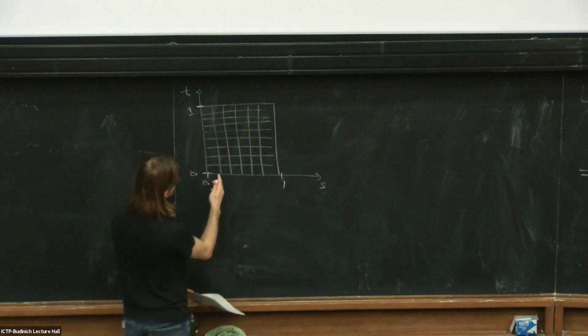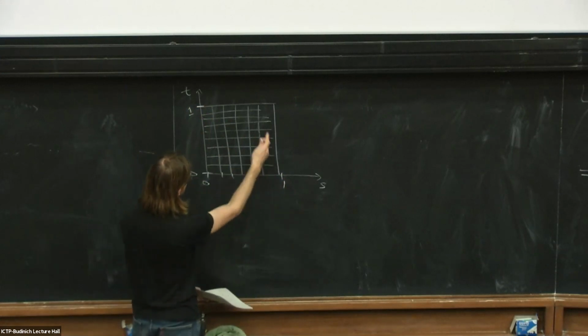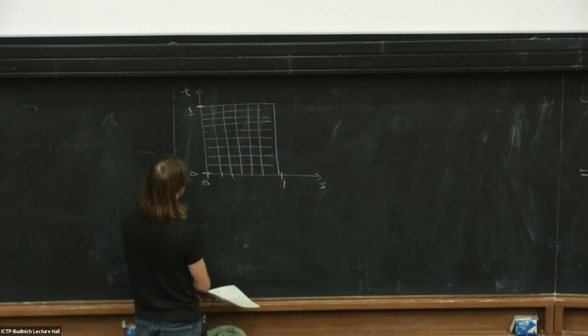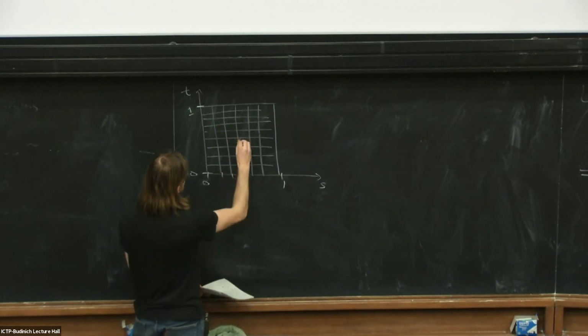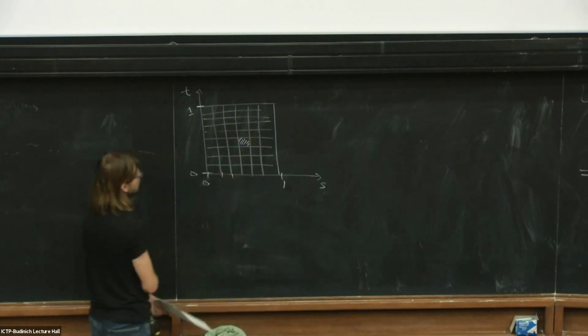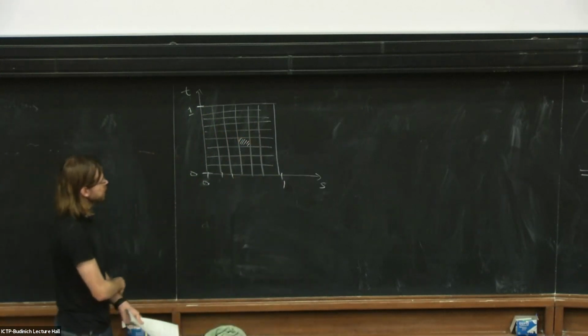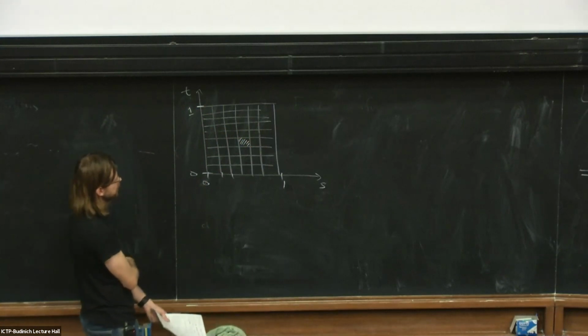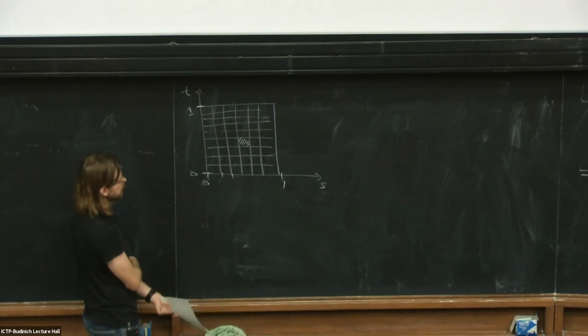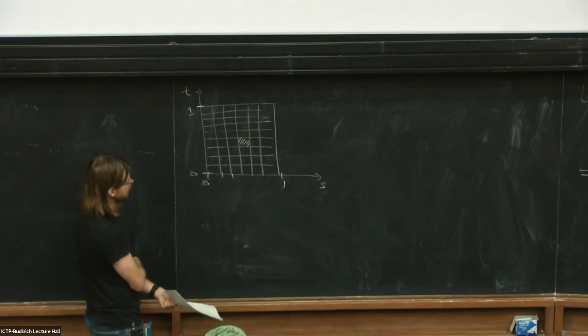This gives a subdivision into rectangles of the whole square, so that we can require that each closed small rectangle is mapped entirely to one of the alphas.